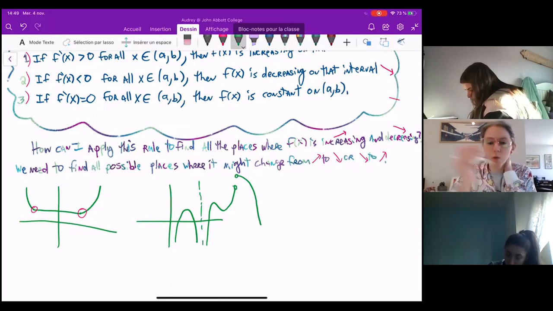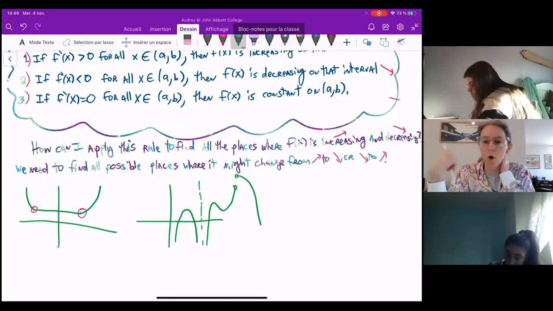Okay, so let's take a look at these two graphs and try to figure out what's happening at the places where it changes.